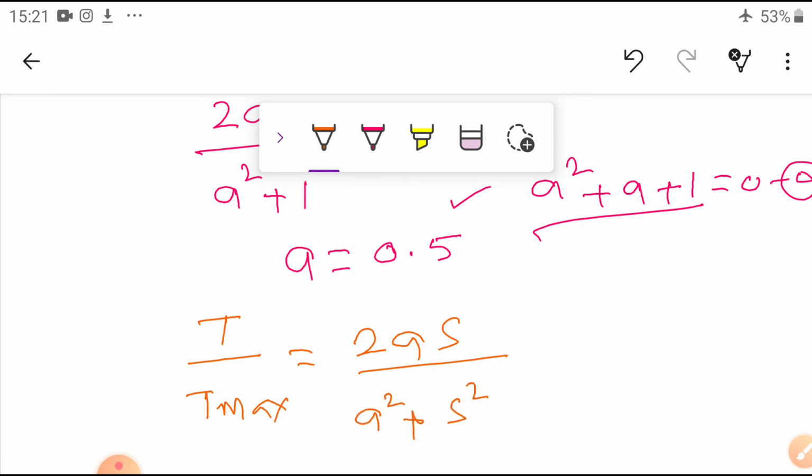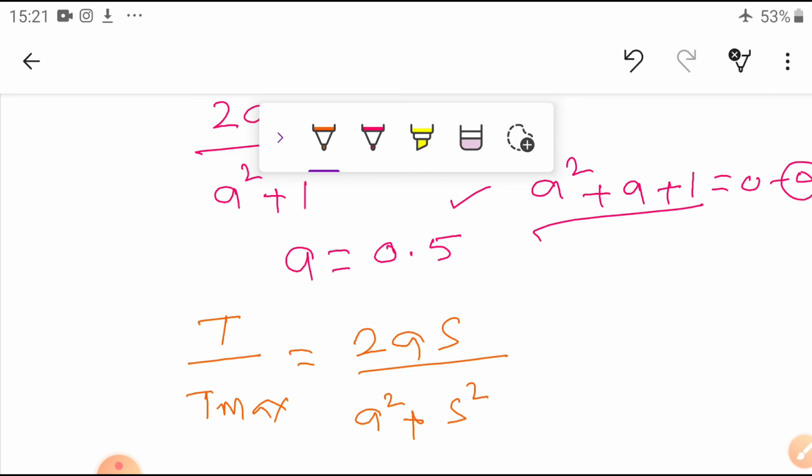So here I am going to get it. Now we know what is the value? This is T max by T full load. How much did we get? Here we got that value.